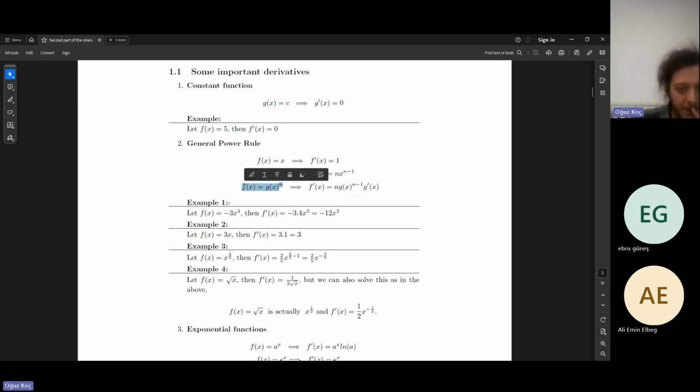And also we have the derivative of a function's nth power.